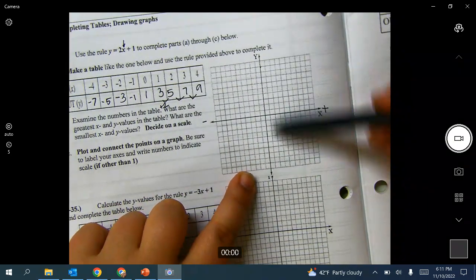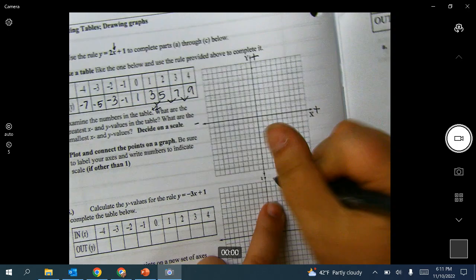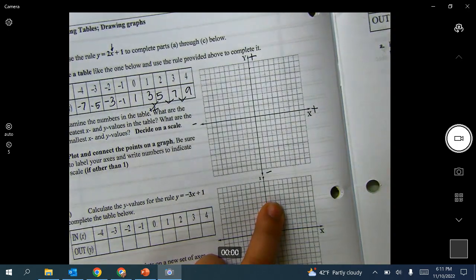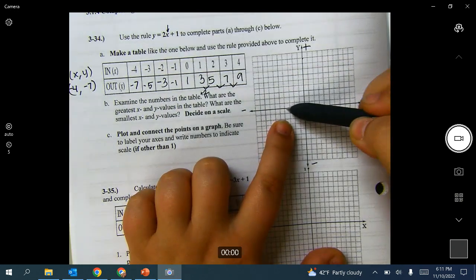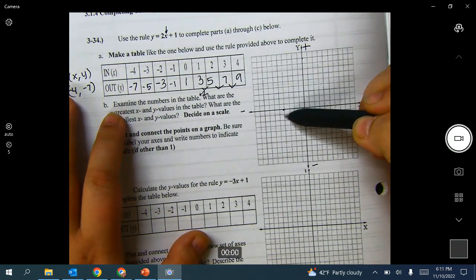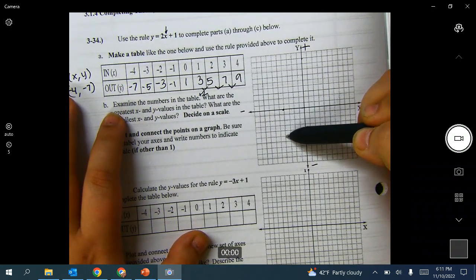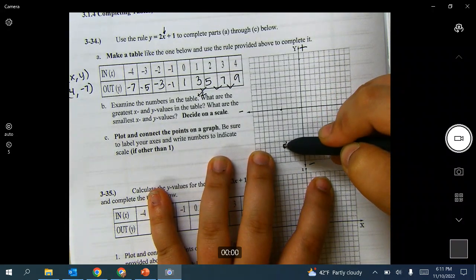Same with the y: 0 is in the middle, but positives go up and negatives go down. So I go over to negative 4, and then I need to go down to negative 7. So here's my first point.